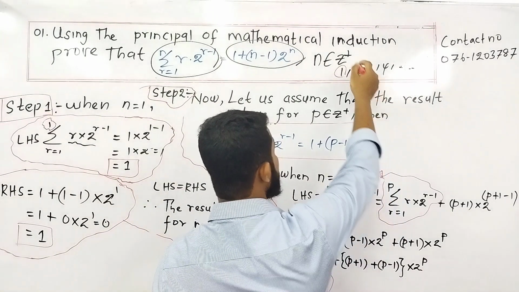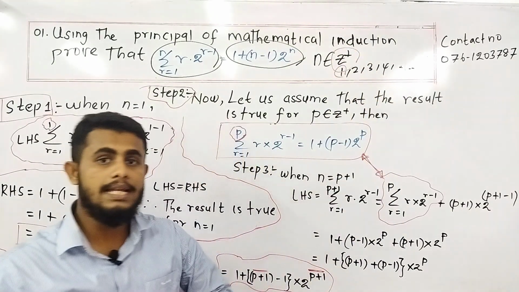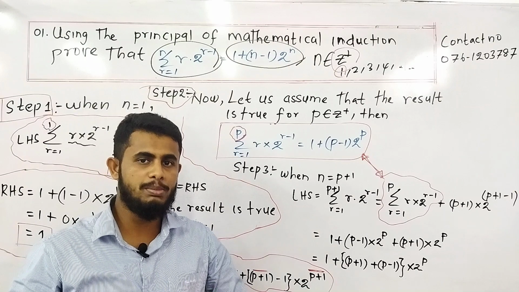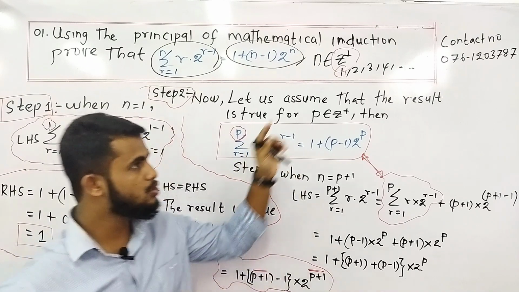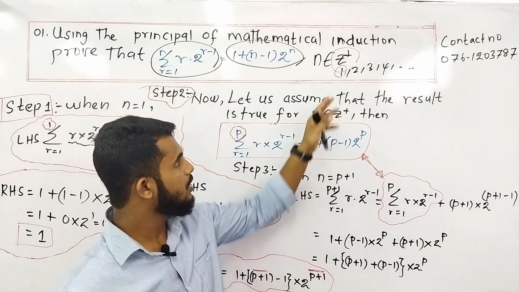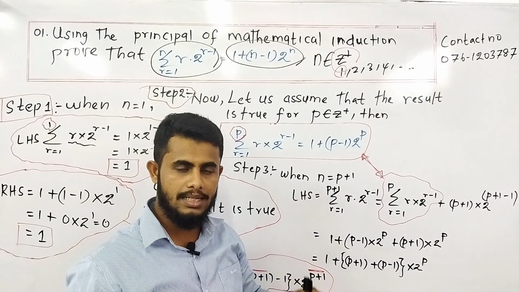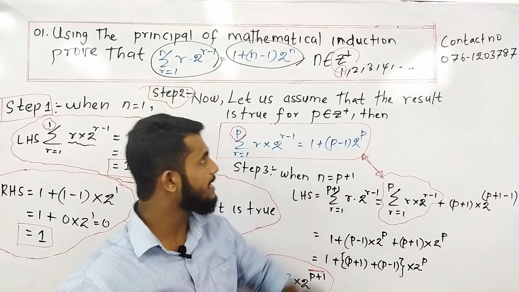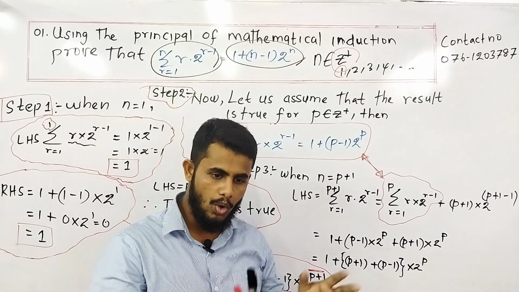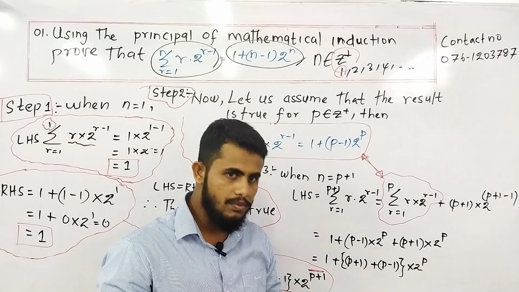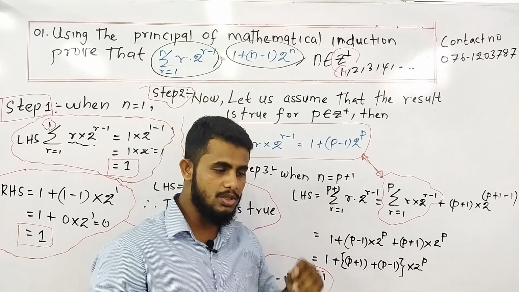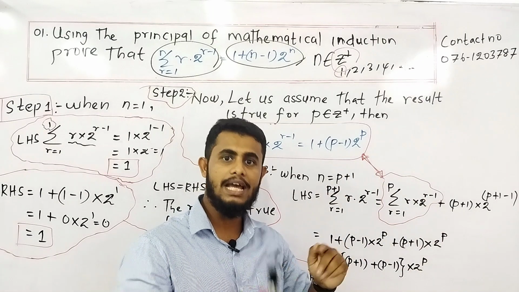What should be the least number? The least number should be 1. Why? Because 1, 2, 3, and so on, that is Z plus, all positive integers. So the least positive integer in Z plus is 1.